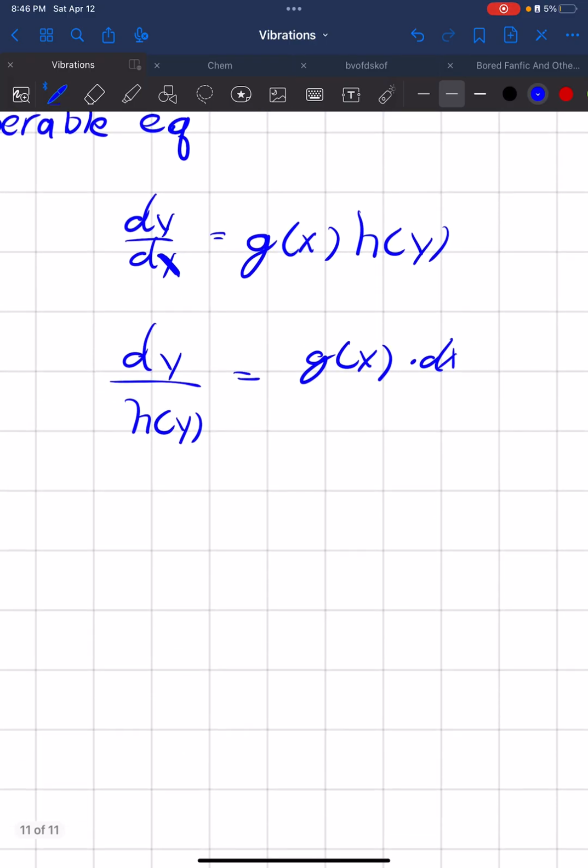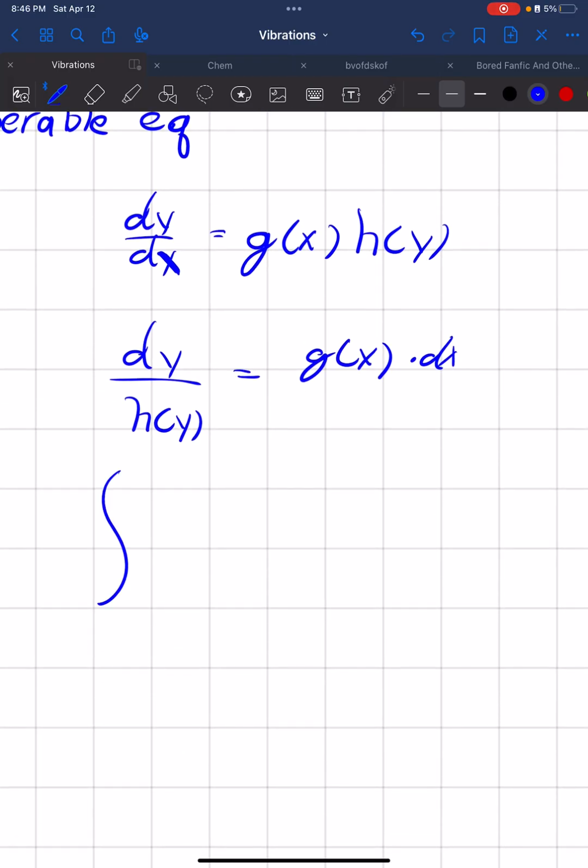This can be integrated as the integral of 1 over h of y dy equals the integral of the function g of x times dx. Cool. This has an analytical solution now. This has a function that is actually solvable.